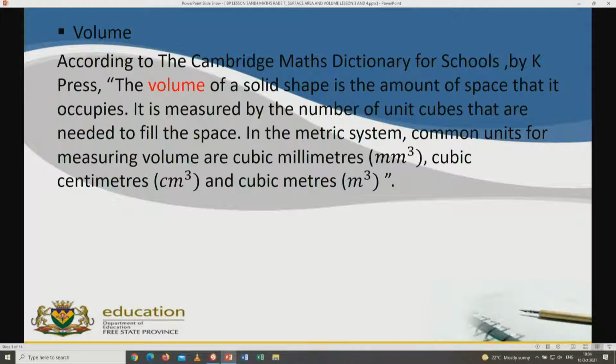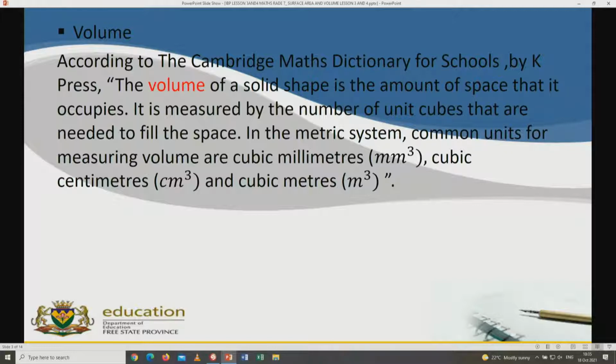According to the Cambridge Maths Dictionary for primary schools, which is there in our maths libraries at school, by K. Press, the volume of a solid shape is the amount of space that it occupies. Once more, the volume of a solid shape is the amount of space that it occupies.